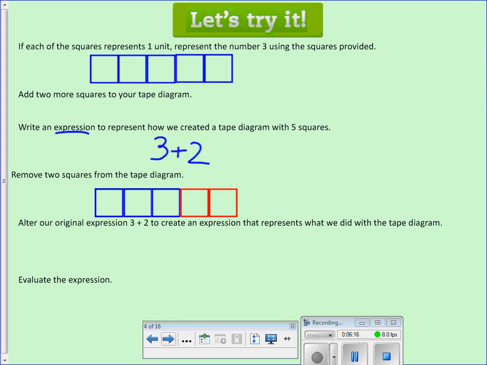So now they want us to remove 2 squares from the tape diagram and alter our original expression to create an expression that represents what we did with the tape diagram. So we had 3, we added 2, then what did we do? Took away 2. Okay?